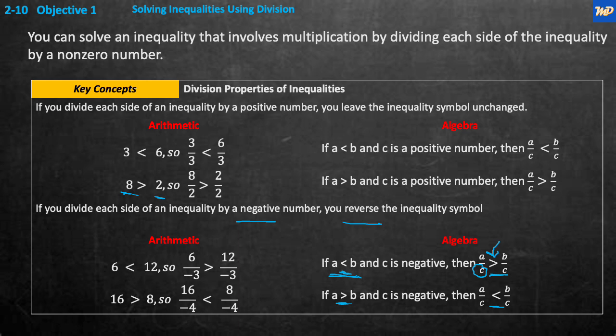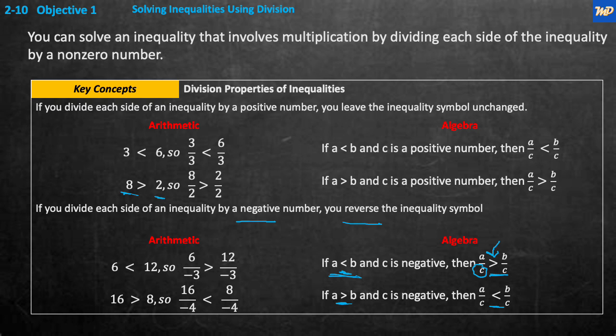Mathematically, 6 is less than 12. So, dividing by a negative 3 now, 6 divided by a negative 3 is greater than 12 divided by a negative 3. And also, 16 is greater than 8, so then 16 divided by a negative 4 is less than 8 divided by negative 4.